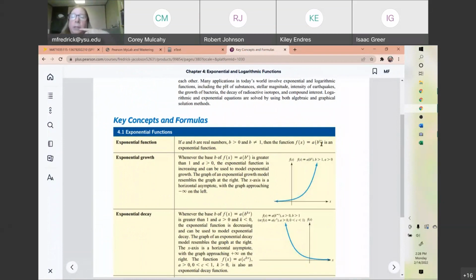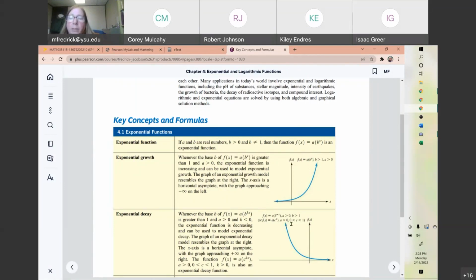Here's the formula for an exponential function. B cannot be 1 because then 1 to any power is just 1, so it's just a horizontal line. That's why B cannot equal 1. When B is greater than 1, you have your growth.